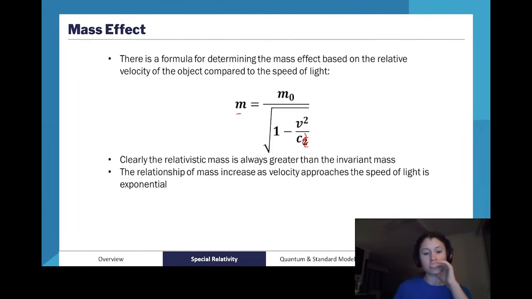So we are dividing by a small number. When you're dividing by a small number, you end up with bigger pieces.